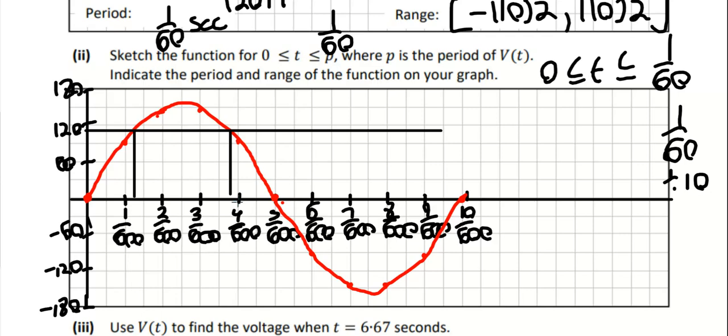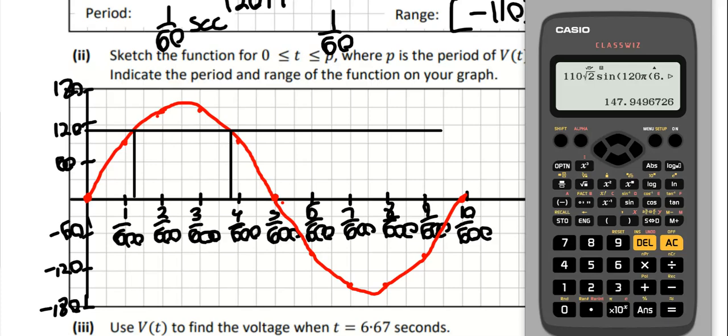And the other one's going to be somewhere around 4 over 600. You could go back to your table function, but realistically, that's not what they're wanting. They're wanting somewhere between 1 over 600 and 2 over 600, in this small region here.